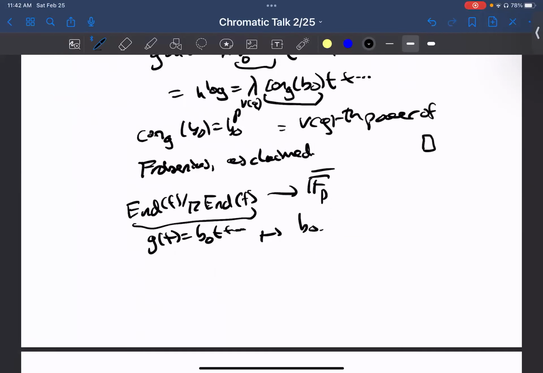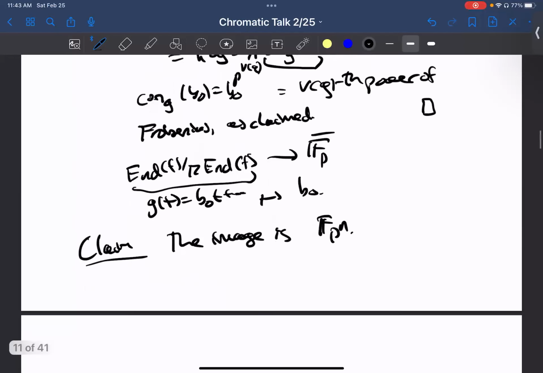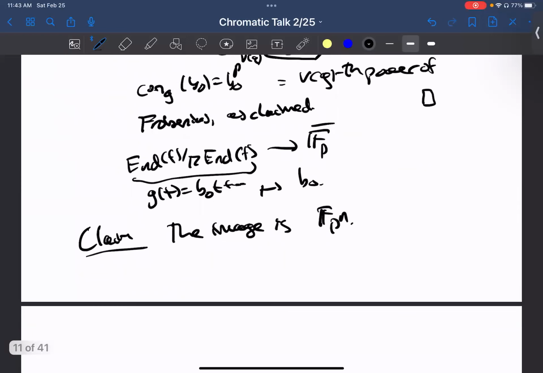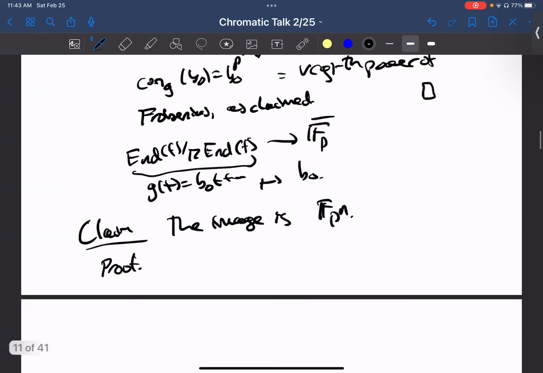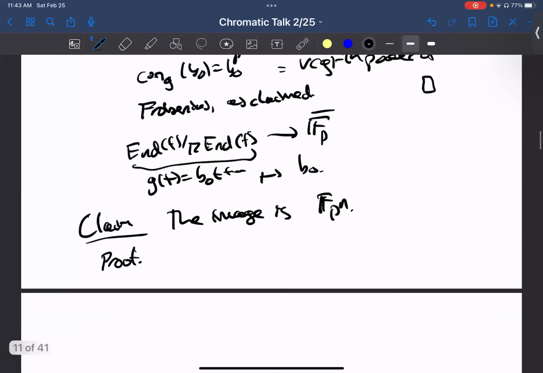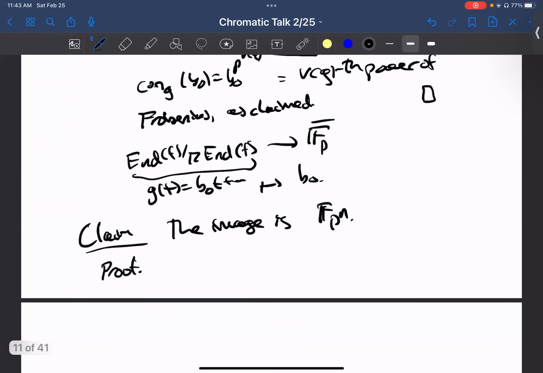And in fact, we have another claim, that the image is nothing but F_p to the n. So it is a finite field of order p to the n. To see this, we can note that this is going to be surjective.